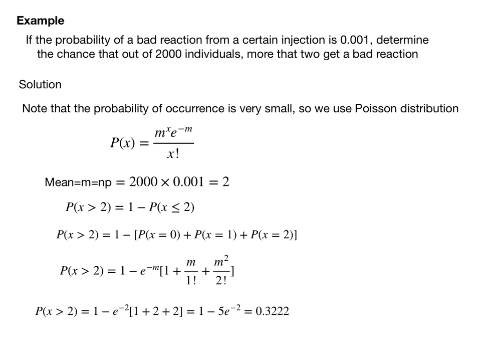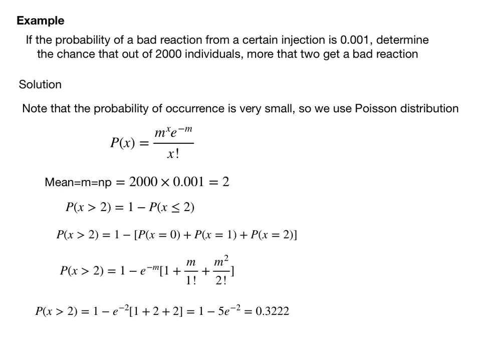Now this is a classic example of Poisson distribution where the probability of a bad reaction from a certain injection is 0.001. That is, p is very very small, and we must determine the chance that out of 2000 individuals, that is n is very very large.